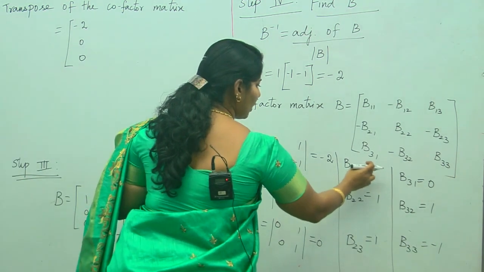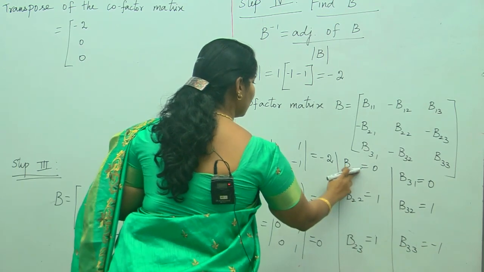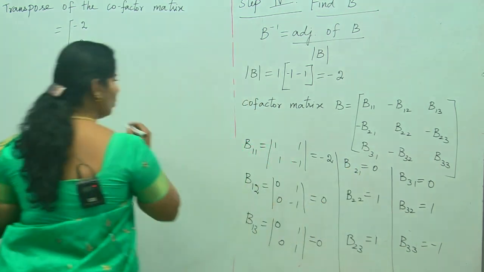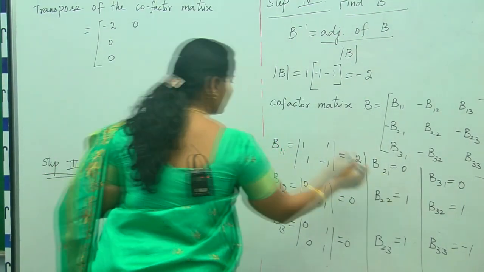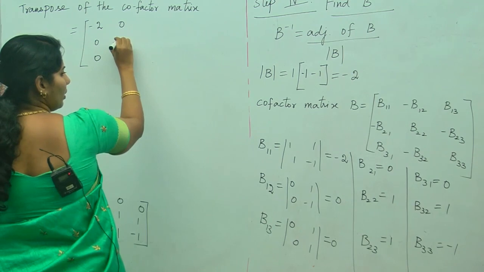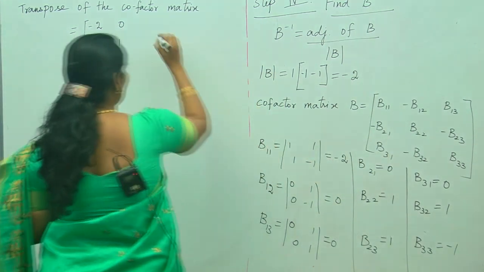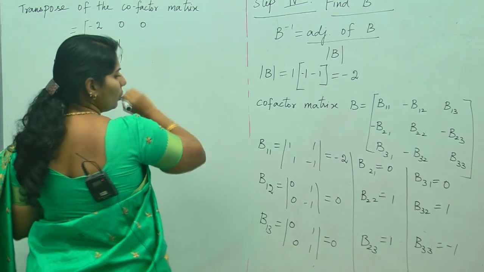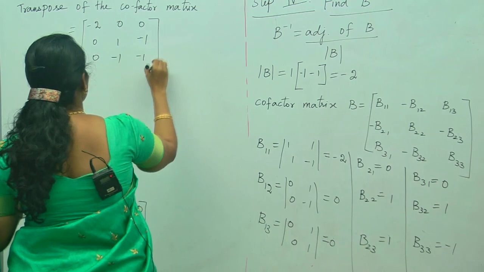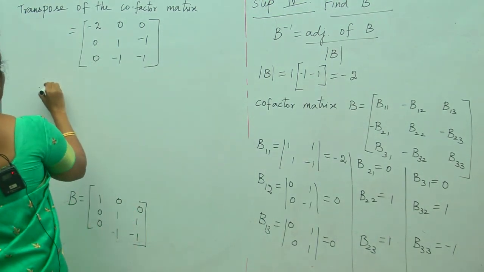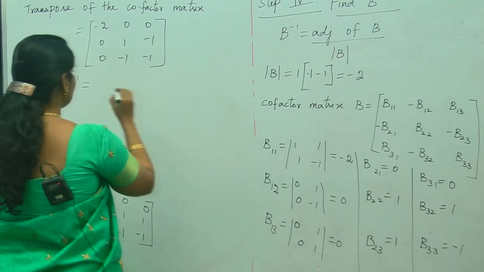Next one is B21, for B21 it is 0, and then next element is 1, and then here it is minus 1, and for the final one 0, minus 1 and minus 1. So finally therefore B inverse is equal to adjoint of B by determinant of B.